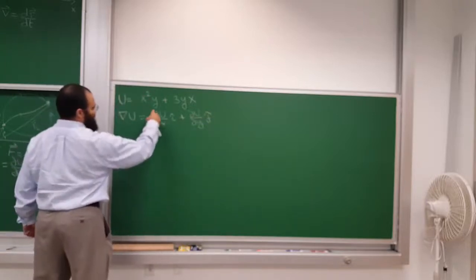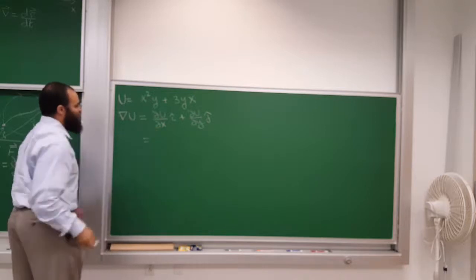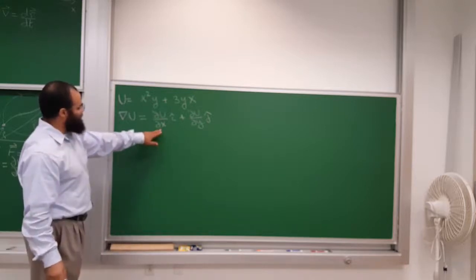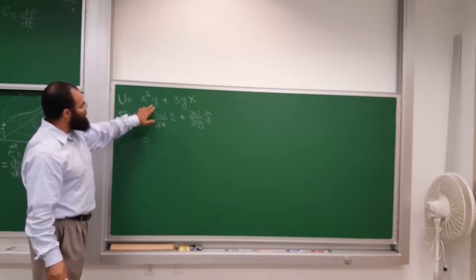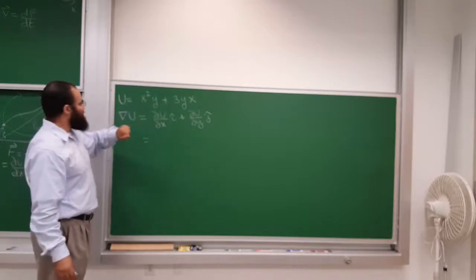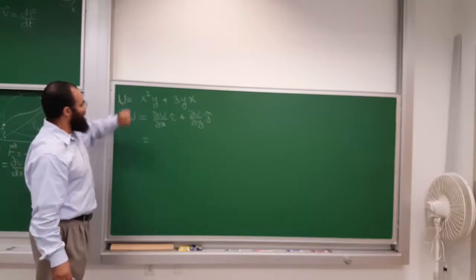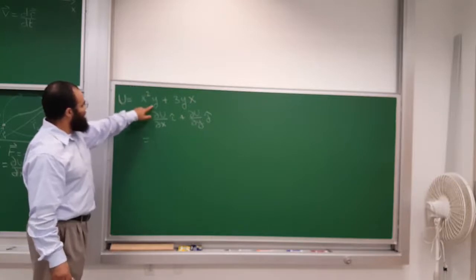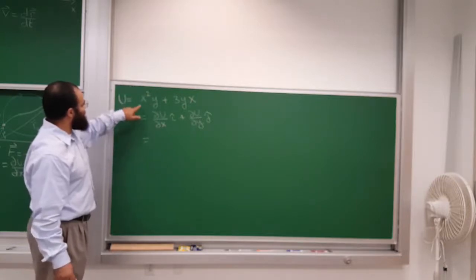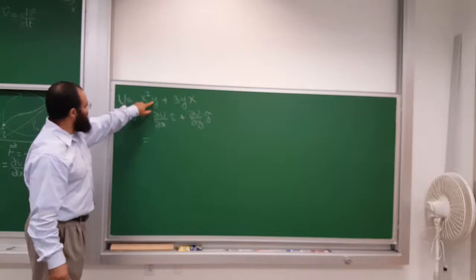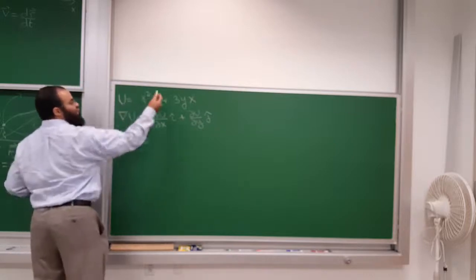What is the partial derivative of u with respect to x? Partial derivative with respect to x means assume y is constant, just hold y constant and take the derivative with respect to x. You get 2x times y. Assume y is like the number 7.